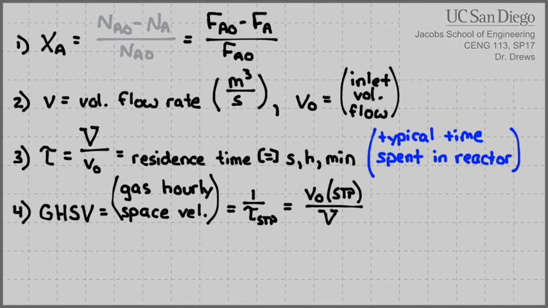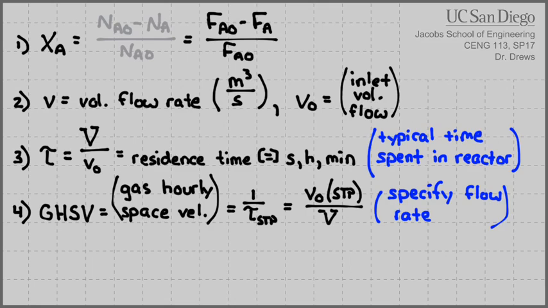Mostly the only reason that we would use something like a gas hourly space velocity is to specify a flow rate. And to be honest, we're not going to use it very much in this class, but you need to be aware that it is a way to specify a flow rate.